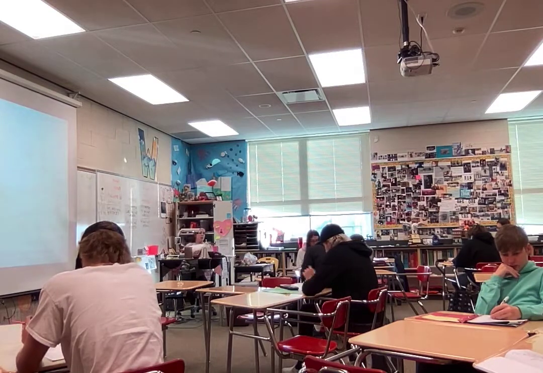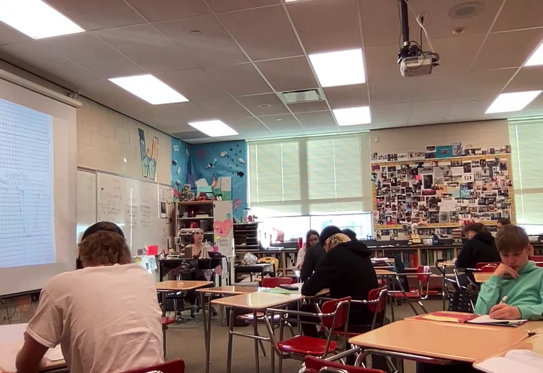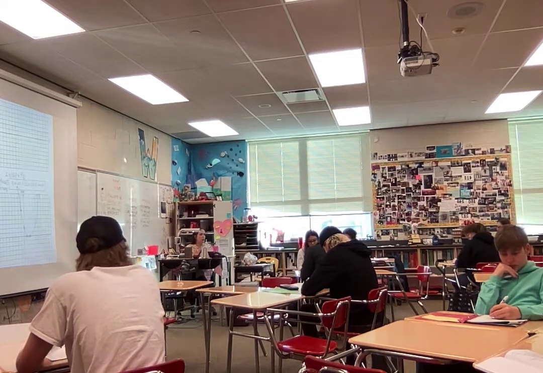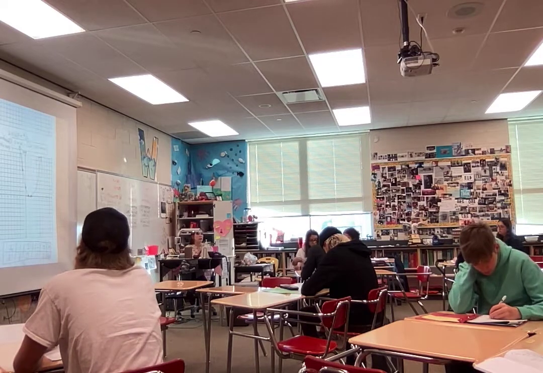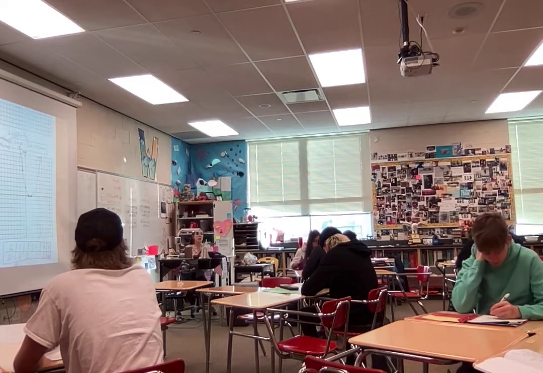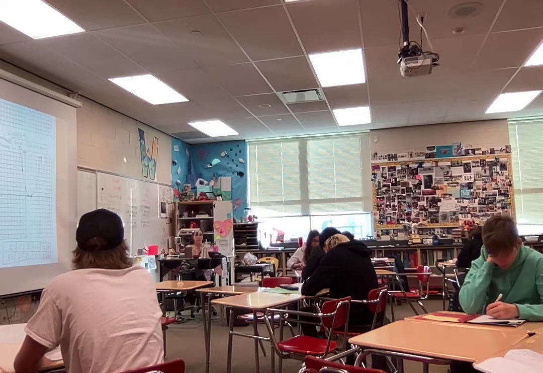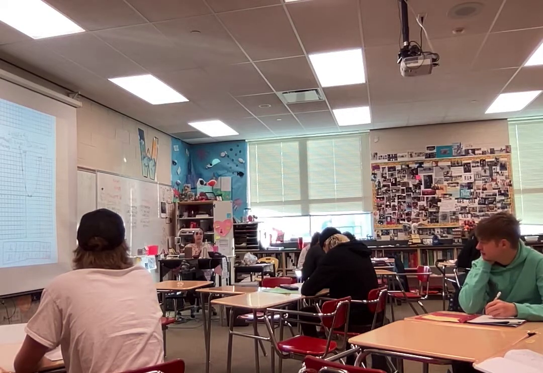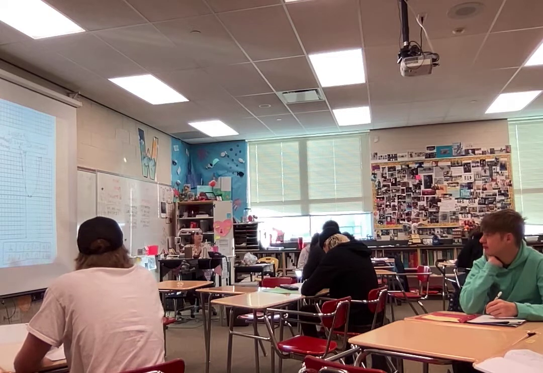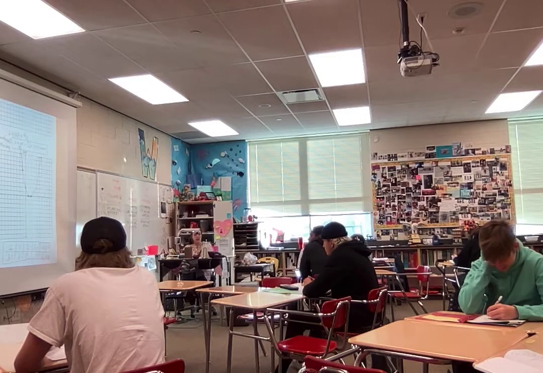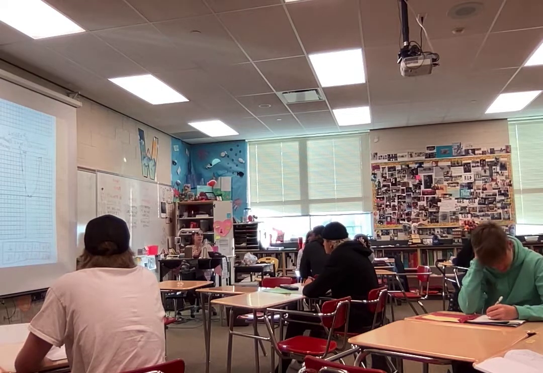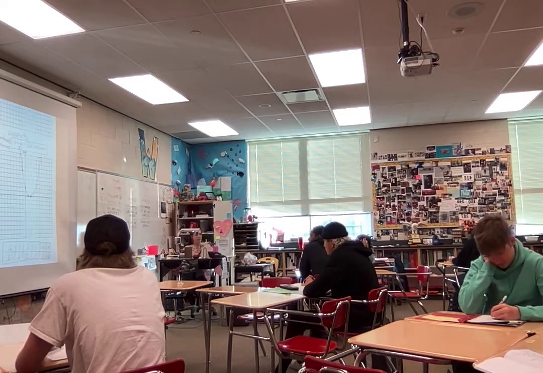I just want to make sure you understand that if you don't have your calculator, the best thing you can do is make a table, choose your x's and plug them in. Then use your calculator to do the math, but if you don't have a graphing calculator, make a table, plot those points and connect them. If it has a square, it's going to look like a U, whether it's up or down.